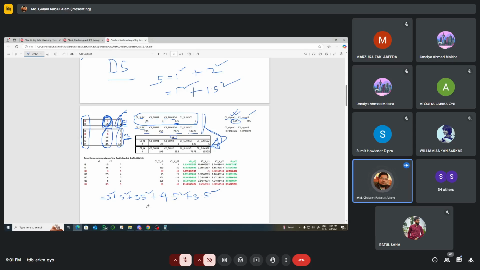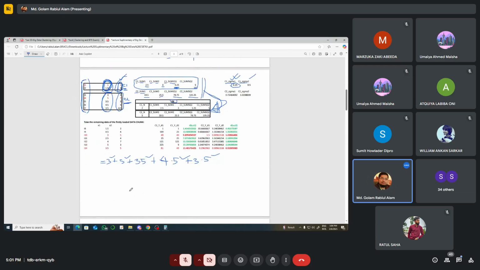What we have to do is calculate the square root of, this is cluster 1, then the sum of squared elements of the first dimension, it is 3.25, divided by n. N is the number of elements in this cluster, so for cluster 1 it is 2.